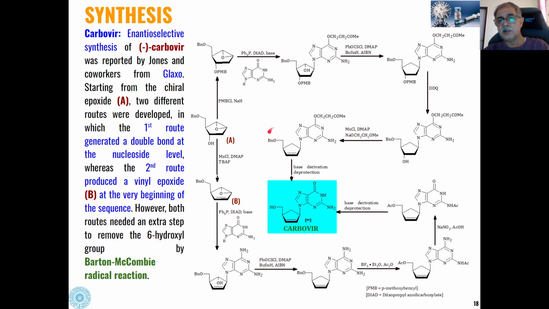Then hydrolysis of this benzoate in presence of base will take place, and we will get carbovir as the product.